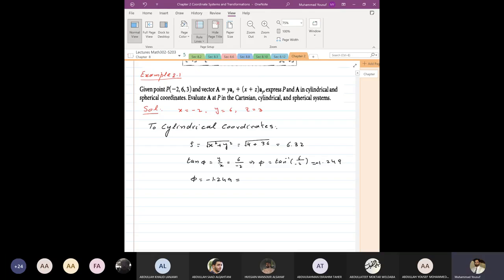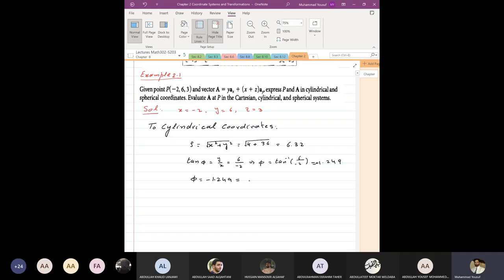so what tan is giving us, this answer is clockwise in the fourth quadrant, but the actual angle is counterclockwise.